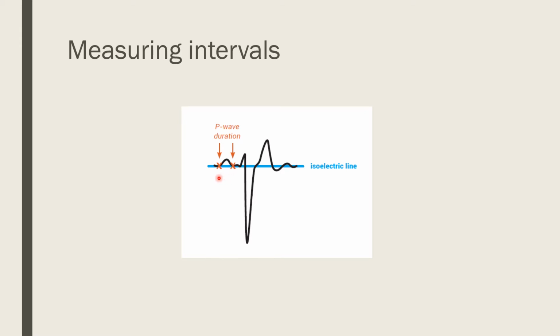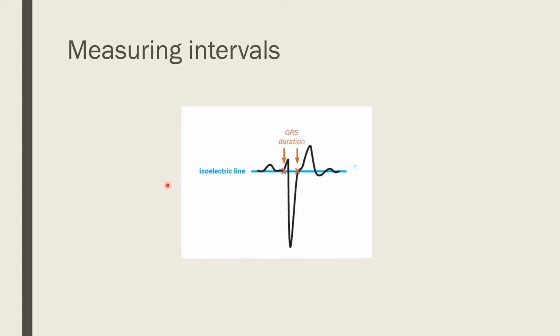This is the P-wave duration, which represents the time of atrial depolarization. This is the QRS duration, measured from the beginning of the QRS to the end of the QRS, which represents the time of ventricular depolarization.